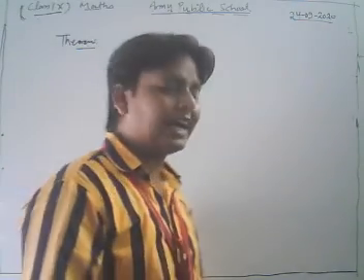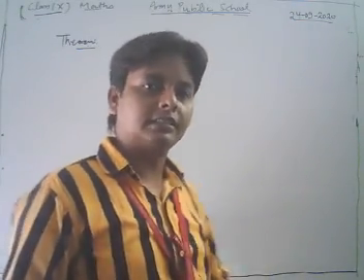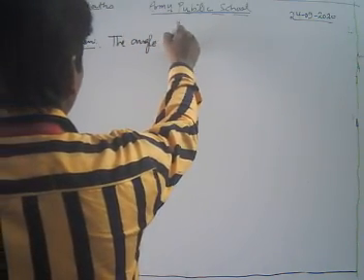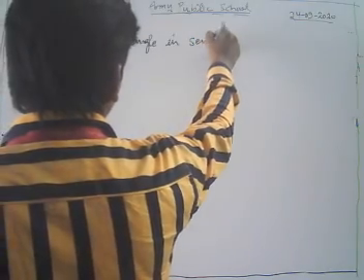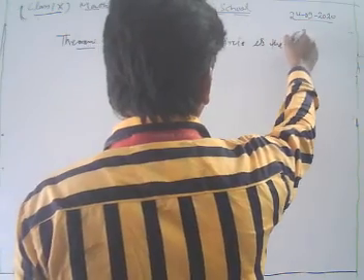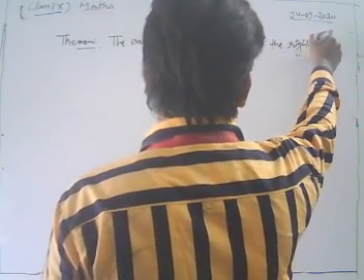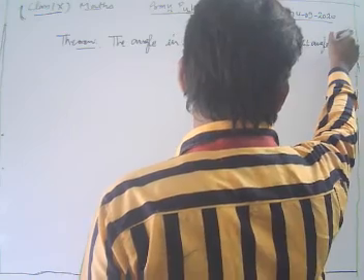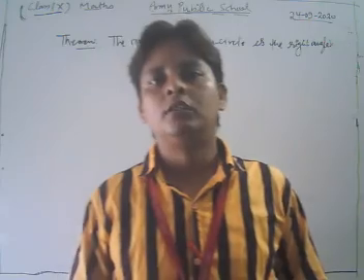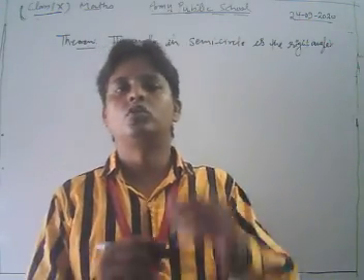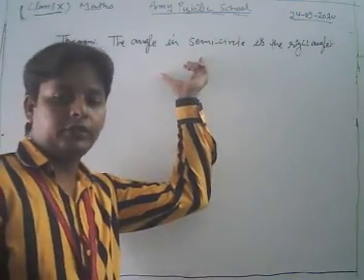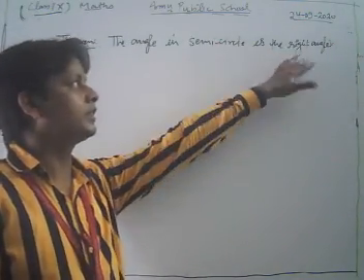The theorem is: the angle in a semicircle is 90 degrees, it is a right angle. This is also a very important theorem of your syllabus, so please concentrate on this topic. Here we discuss the angle in a semicircle being a right angle.